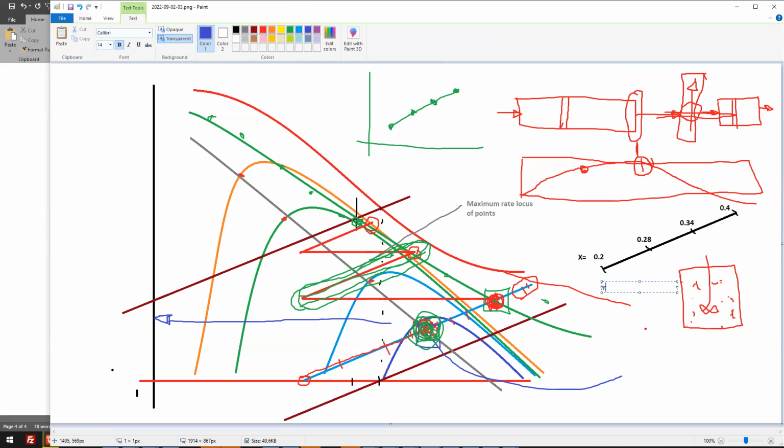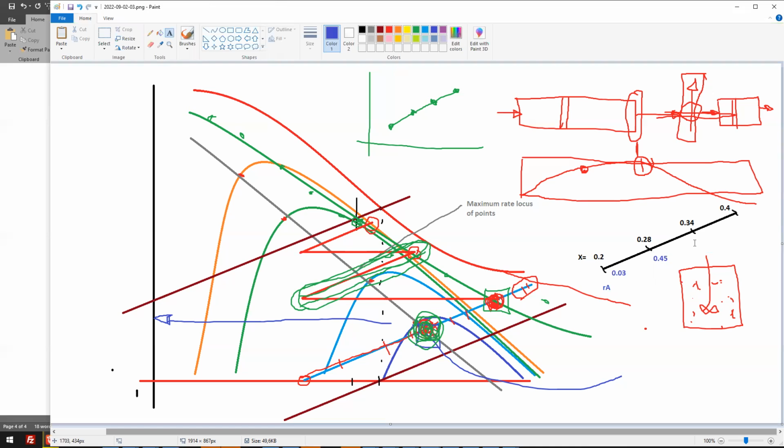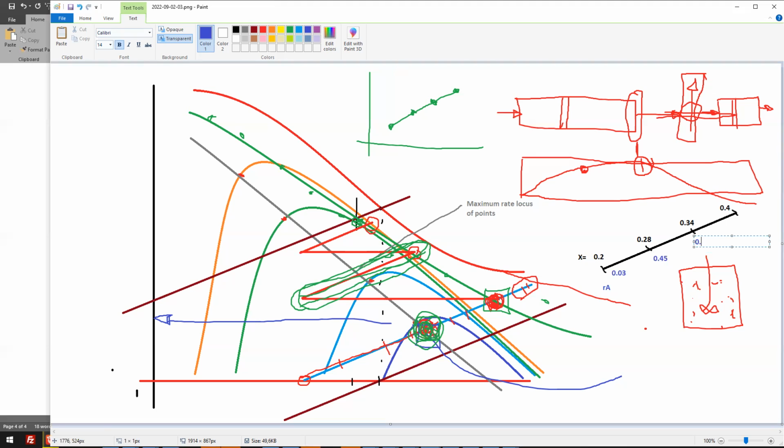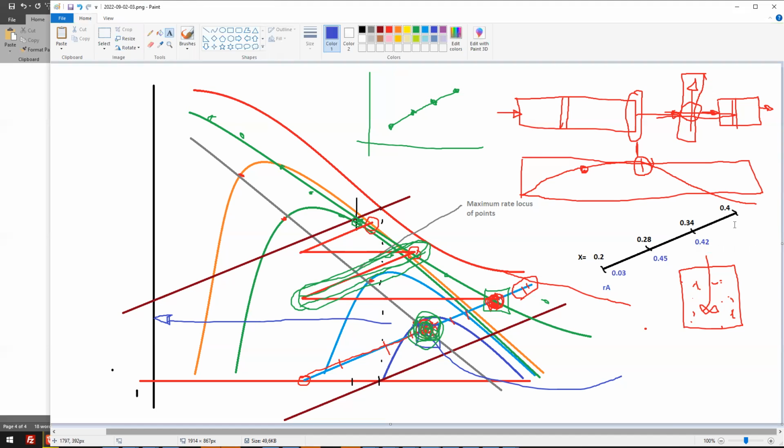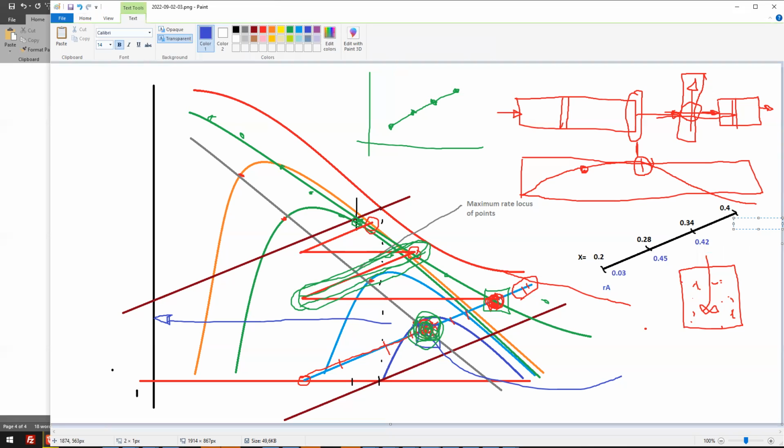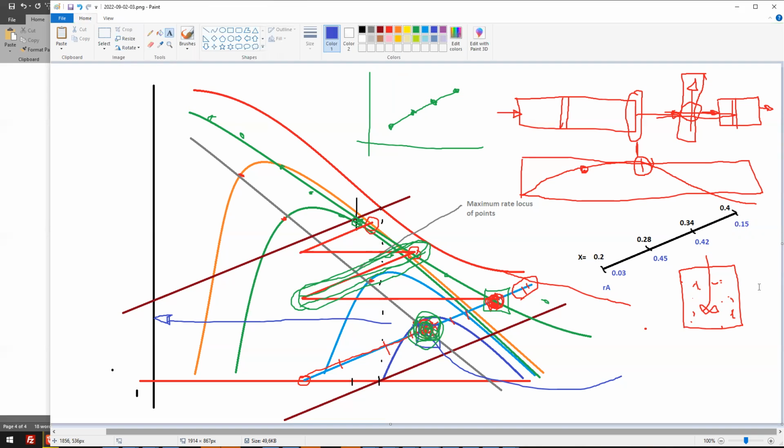So looking along that line, we would say this reaction rate is maybe 0.03, and the rate would go up here. So it would be maybe 0.45. Maybe it's coming back down again. So maybe 0.42 there. And then it will definitely have gone down by here. So maybe even 0.15, something like that.